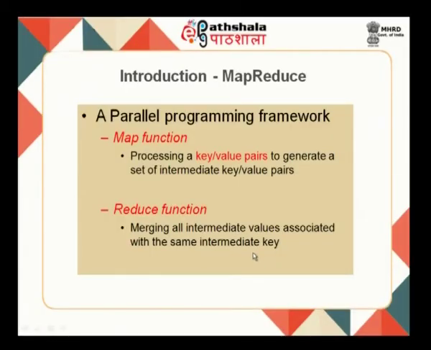All these intermediate results need to be combined together. So, the second function, called the reduce function, will merge all the intermediate values associated with map and combine them together, and the final result will be provided. So, these are the 2 important functions related with the MapReduce environment.